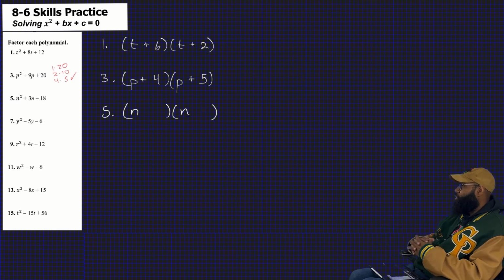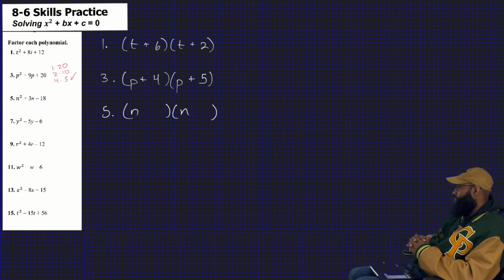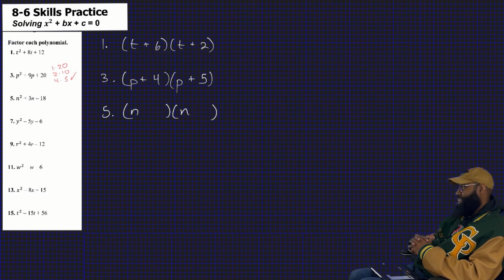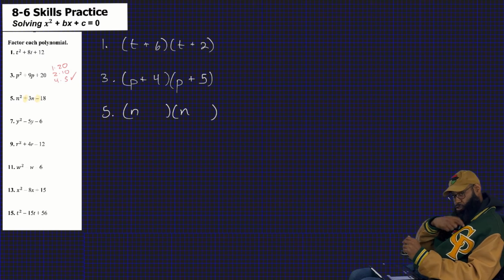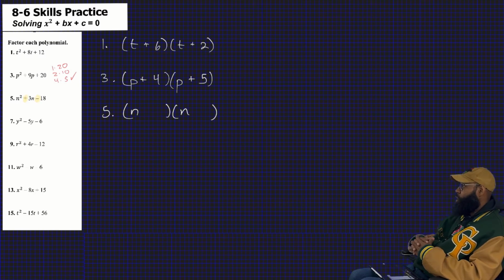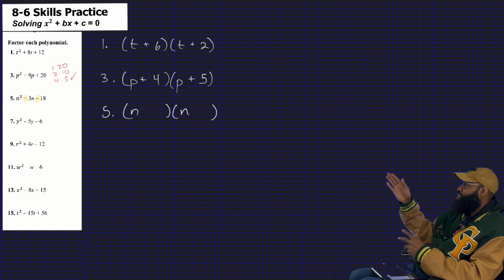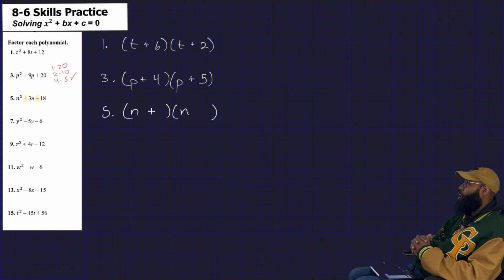For number 5, n squared plus 3n minus 18. Well, now I recognize it's a negative 18. We had positives all before. So with a plus minus in my trinomial, I'll say that again, with a plus minus in my trinomial, I know one has to be positive and one has to be negative.